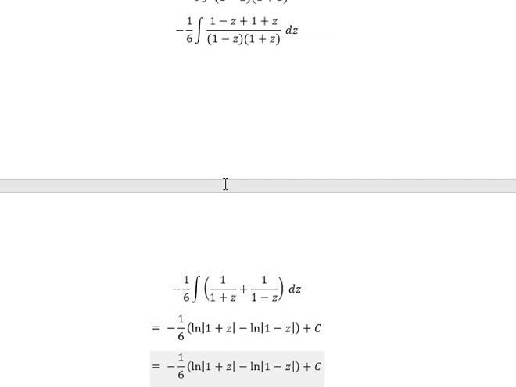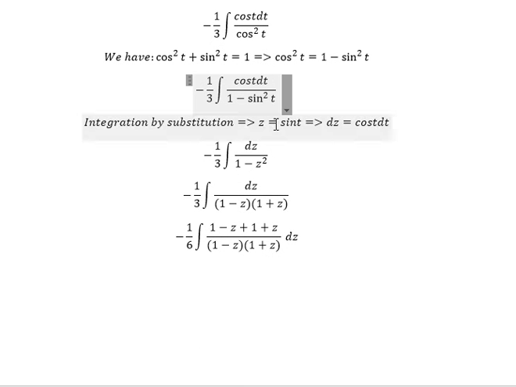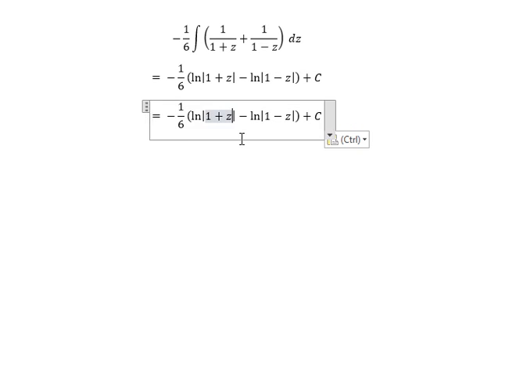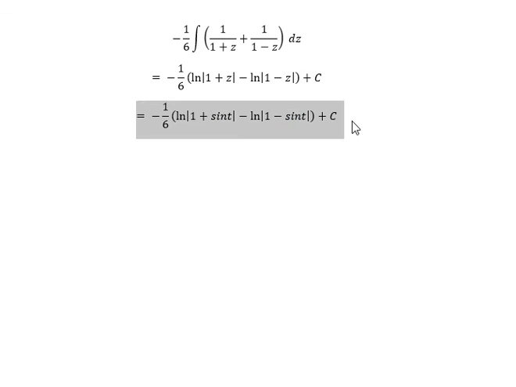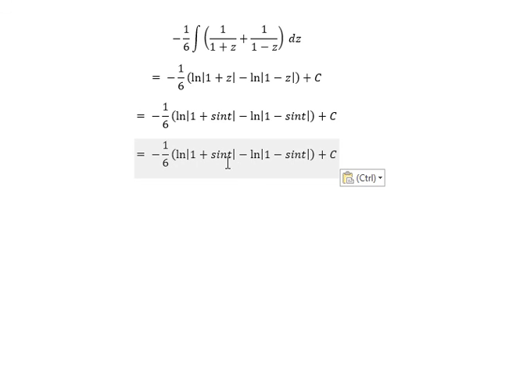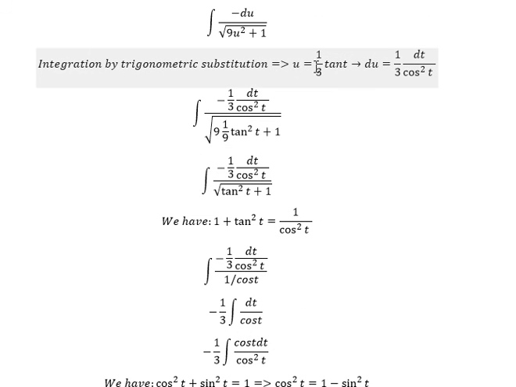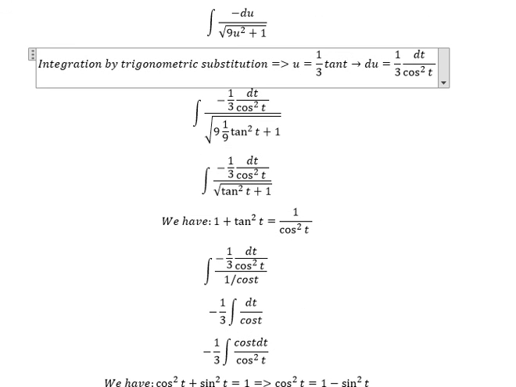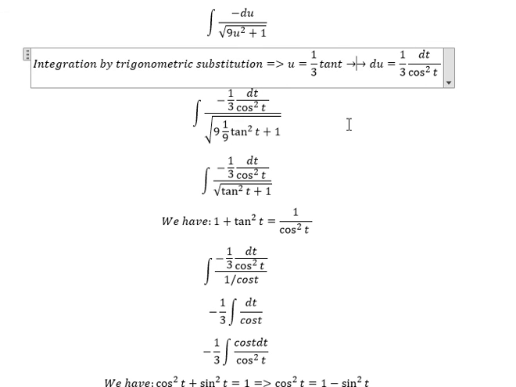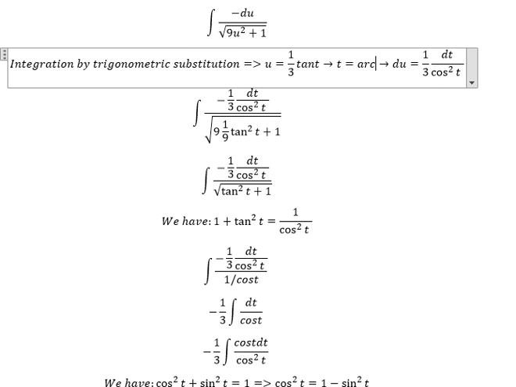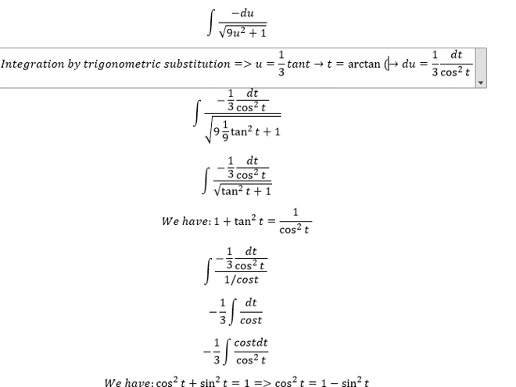About z, we need to change back to sine t. About t, we need to change back to this one, and t equal to arctan 3u.